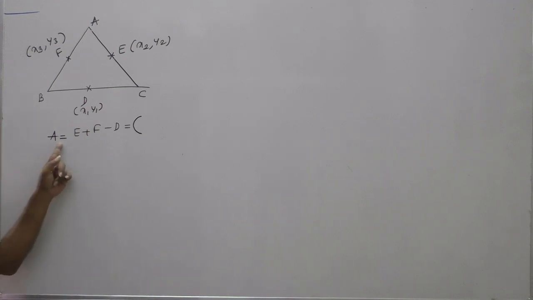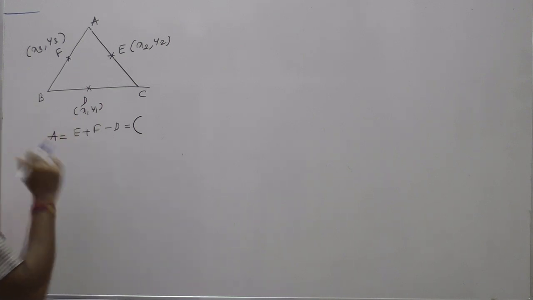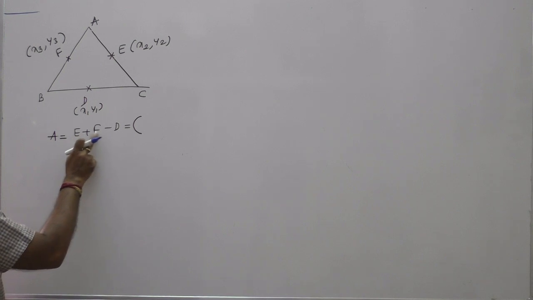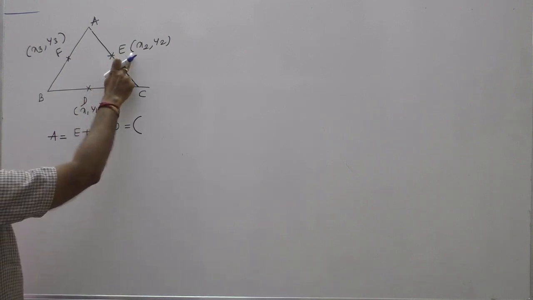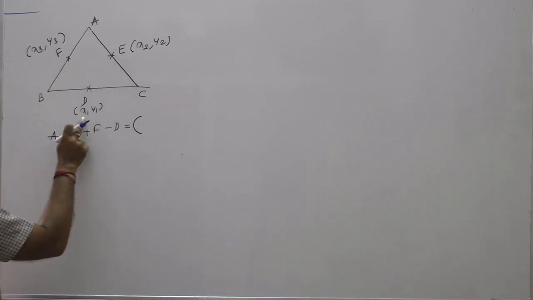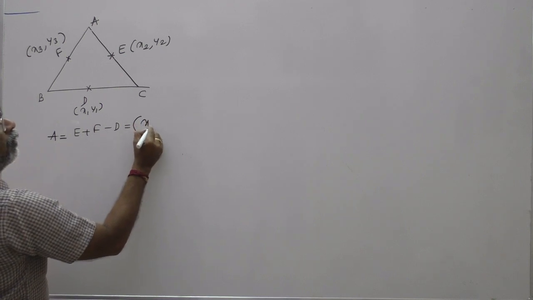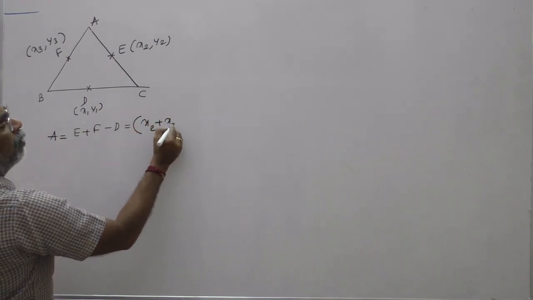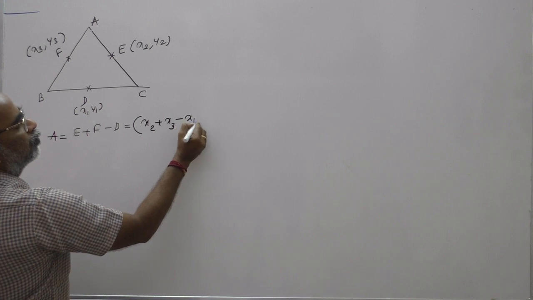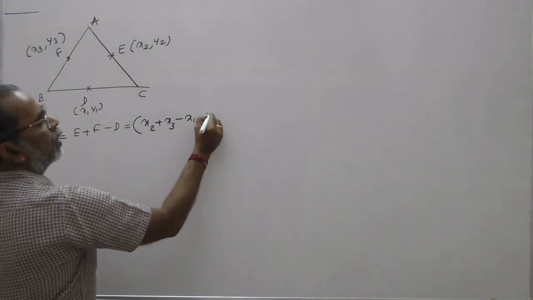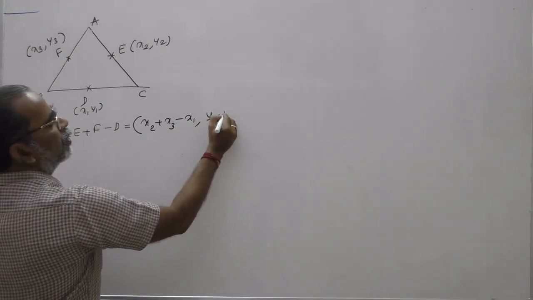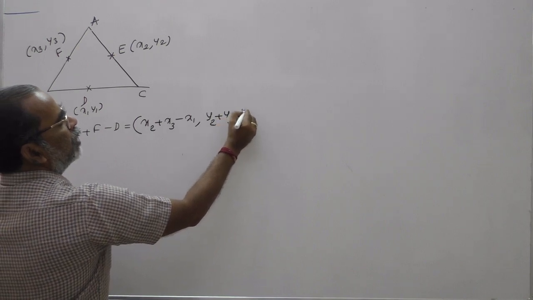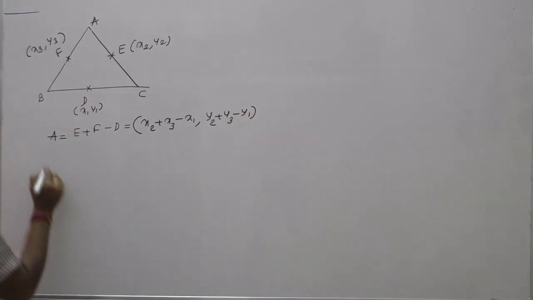Now I am writing the point A. We will take x coordinates, sum of E plus F, that means sum of these two minus this. So it will be x2 plus x3 minus x1. And the same property for y coordinates, y2 plus y3 minus y1.